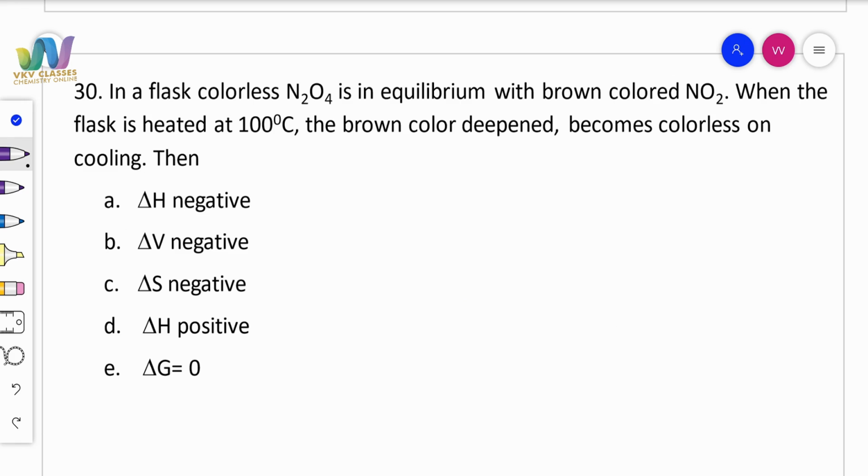In a flask, colorless N2O4 is in equilibrium with brown colored NO2. When the flask is heated, brown color deepened, and became colorless on cooling. Now the compounds in equilibrium are N2O4, which is in equilibrium with NO2.